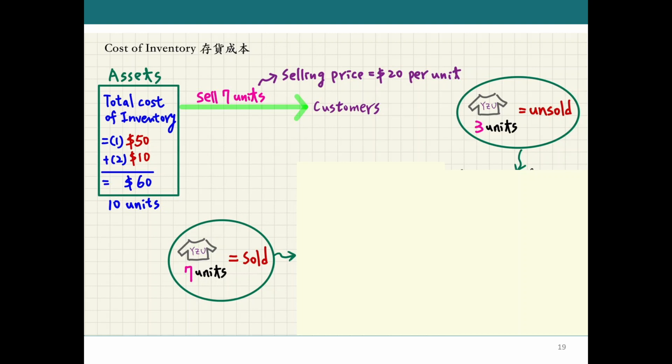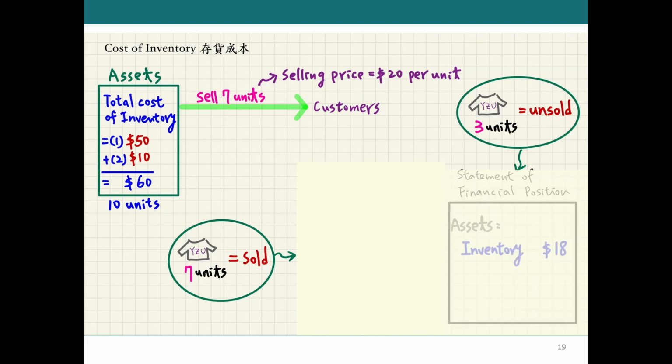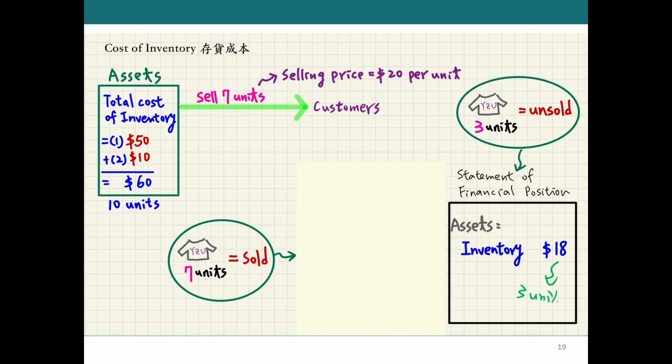Because the balance sheet tells you assets, I will say for assets, I still have an inventory, $18. Why is it $18? Because it's 3 units. Each one spent me $6.